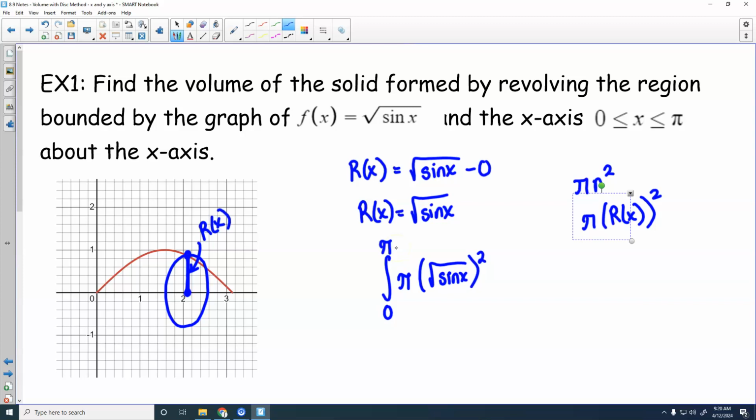Now, in the formula that you have over there beside it, it has the pi on the outside. It's a little easier if you just leave your pi on the outside to calculate anyway. And what is the square root of sine of x squared? Just sine of x. And I was lazy right there and forgot my dx.